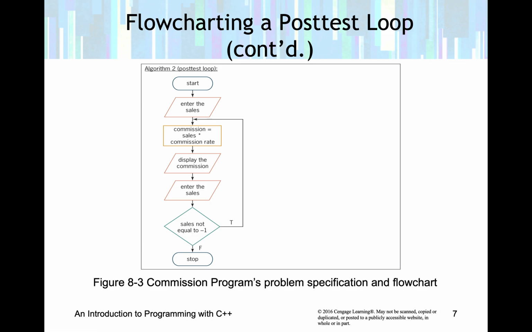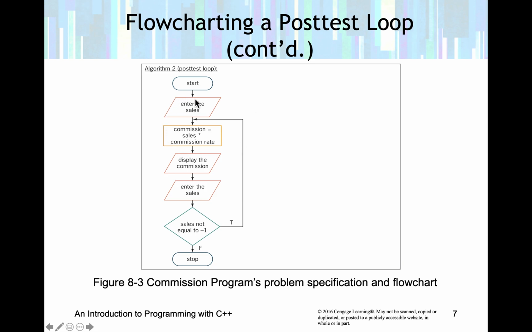And if they haven't entered a -1, then we repeat. So the problem here is that if the first time that they enter something it's a -1, then it's going to try to calculate and display a commission for -1. But here I guess it's assuming that the first time you'll have at least one sales amount.